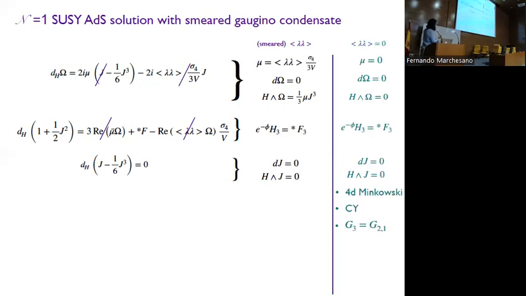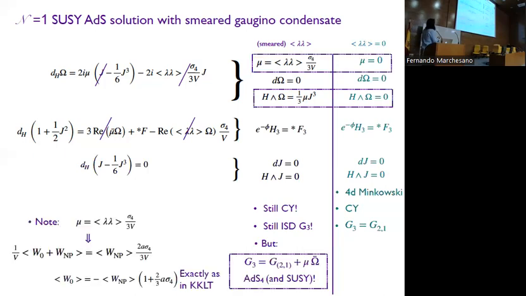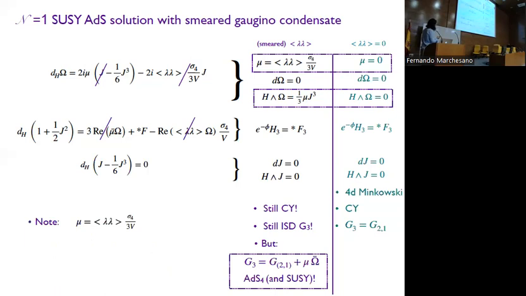The coefficients are precisely such that these two terms cancel, and so you get that the flux is still imaginary self-dual. So this together with this tells you it is Calabi-Yau. And this says that the flux has no primitive component.